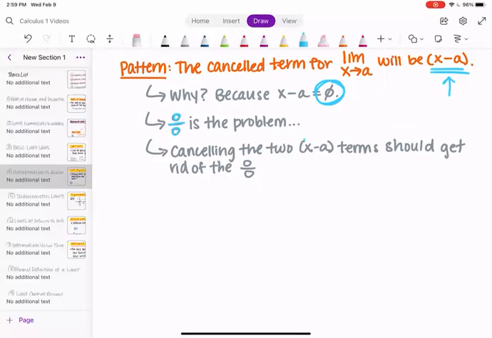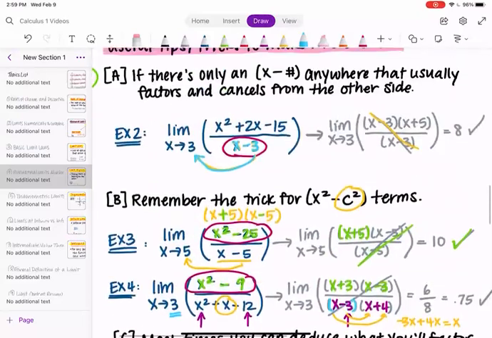So by canceling the x minus a terms in the numerator and denominator, you will get rid of the 0 over 0 that's causing your problem. So I hope that really clarified that process. That's a super common limits problem, the ones where it comes out to 0 over 0.